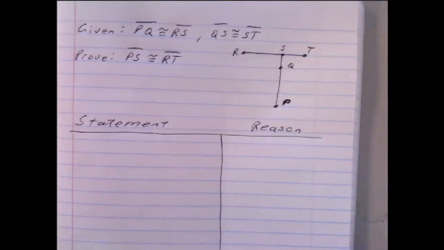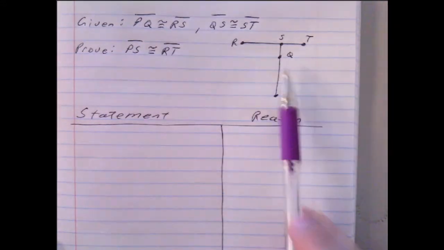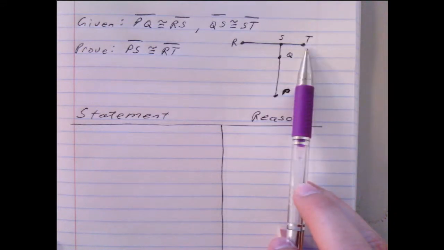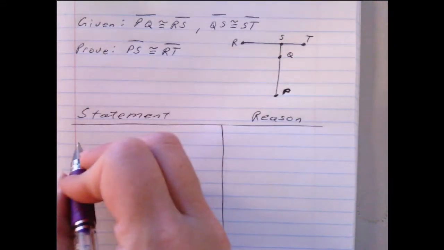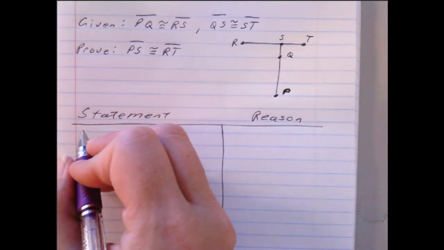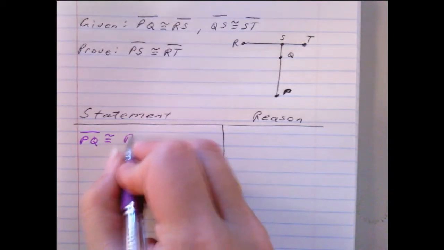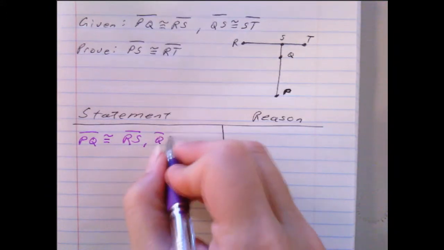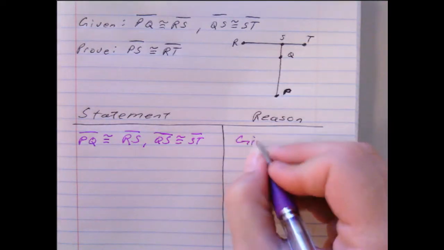So this next one, we have PQ is congruent to RS, so PQ and RS, and then QS is congruent to ST, and then we're proving that P to S is congruent to R to T. So again, we're starting out with our given. PQ is congruent to RS, and we also have QS is congruent to ST, and that is given to us.